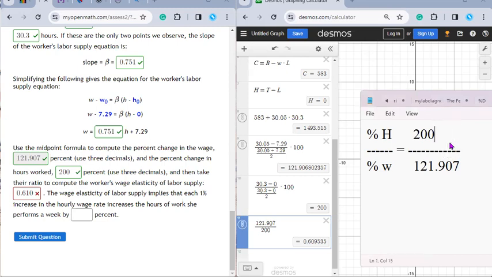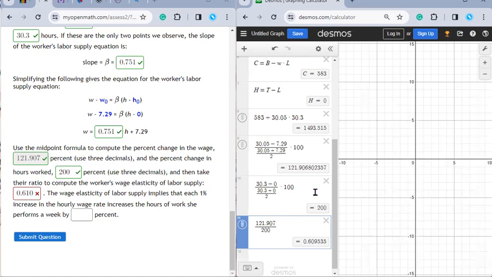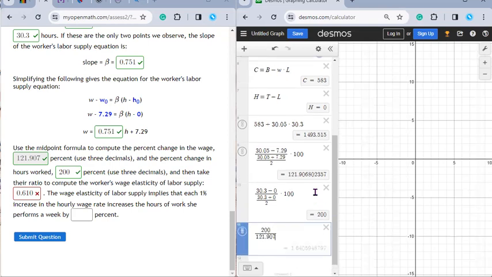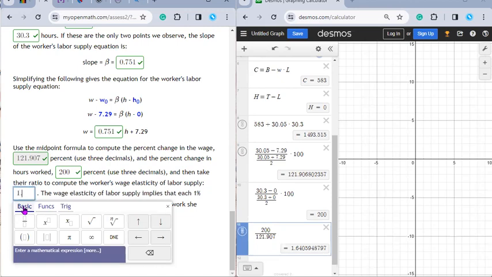Right? So that ratio is the elasticity. So I have to flip these down here. So the elasticity of labor supply is 1.641.